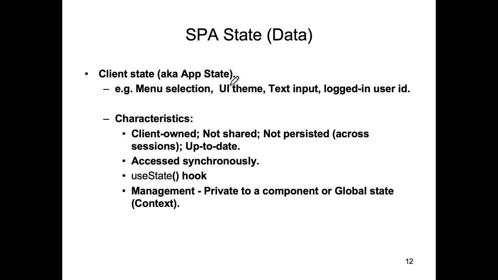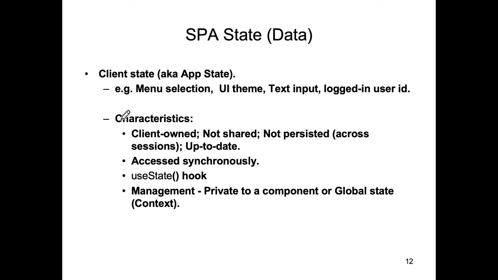But again, what they set the theme to would be local to a particular instance of a client. So if you had 100 people using your app, then each one of those would have their own specific data related to these aspects of the app, because they're unique to each client instance. That's client state data.